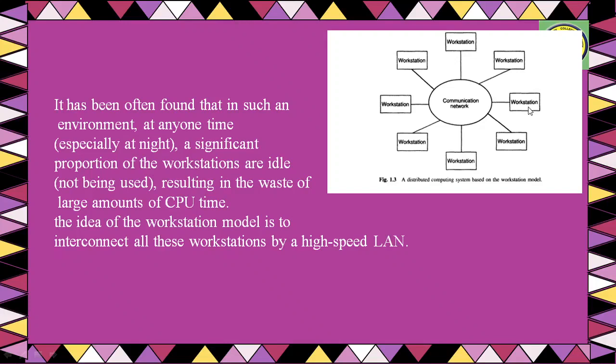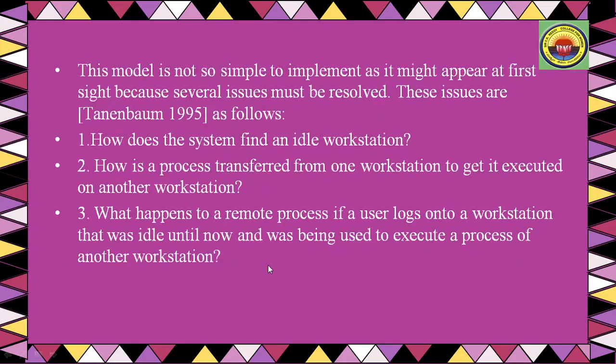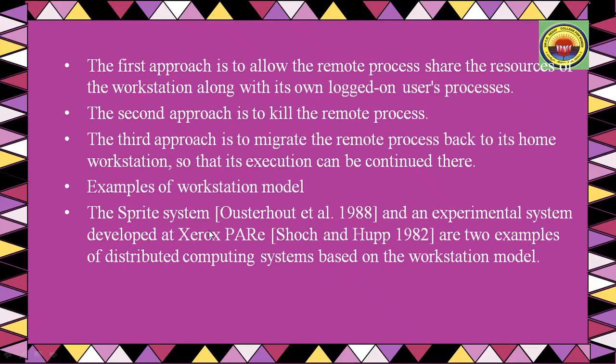Say, for example, it has completed up to the 20th statement in a program; then the process should be moved to its own workstation so that it can run from the 21st statement. These are the three approaches we can follow, and we need to take care of these issues. Examples of the workstation model are the Sprite system and an experimental system developed at Xerox PARC.